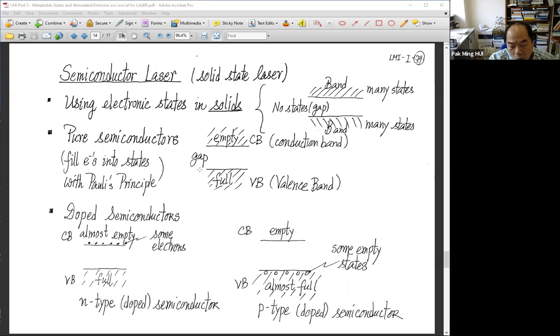It fills all the way completely to a certain band, and that band is called the valence band. And then there's a gap, and the band that is right after it is completely empty. Okay, so 100% full, 100% empty, separated by a gap, and that is what insulators and semiconductors are about.